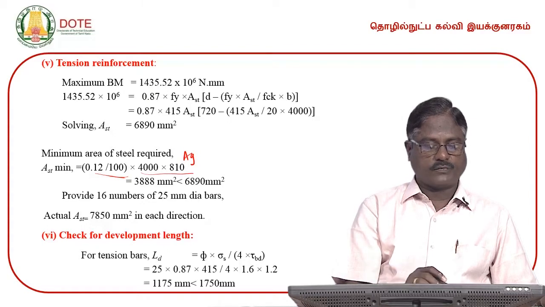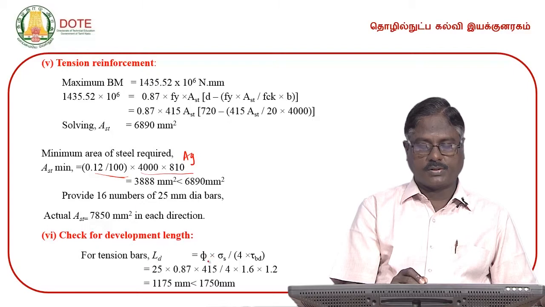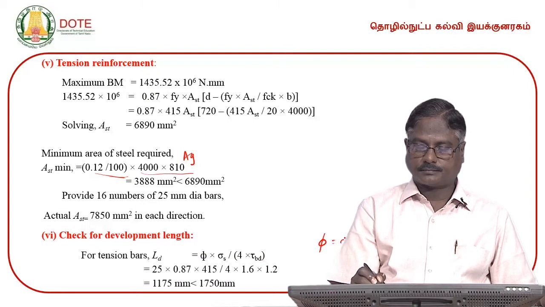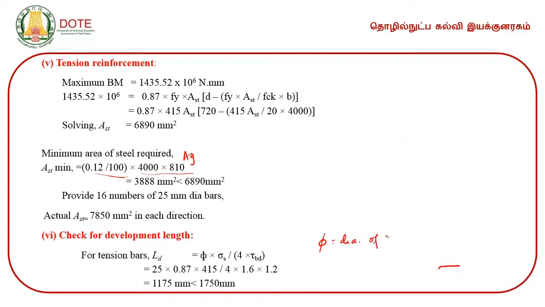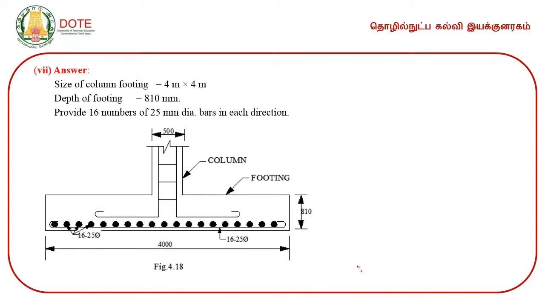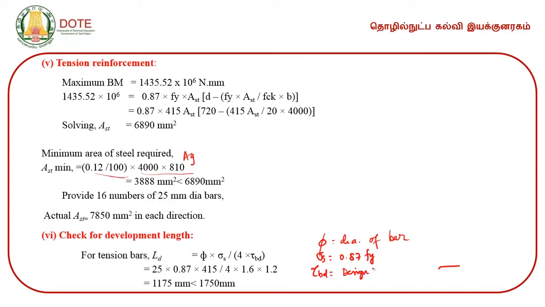And the check for the development length Ld, this is of course phi into sigma s divided by 4 times tau bd, where phi is the diameter of the bar, and sigma s here is 0.87 fy, and tau bd is the design bond stress as per the table given.